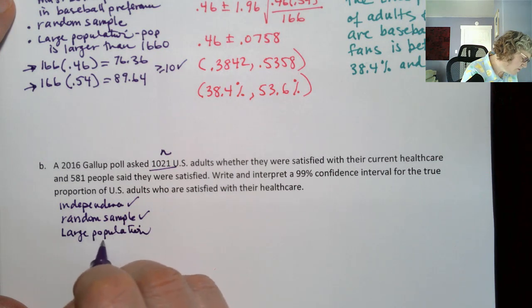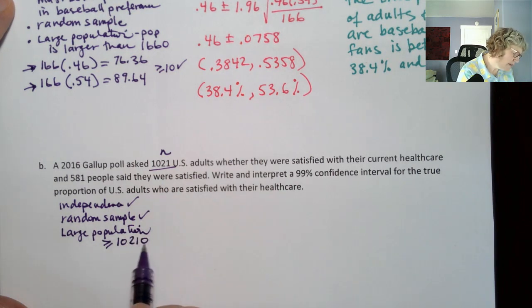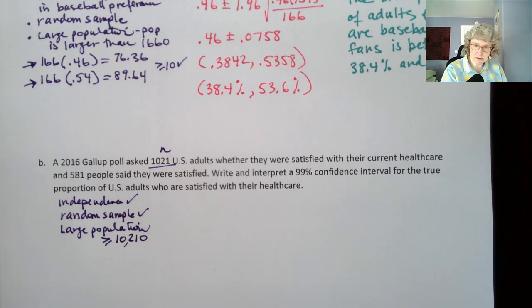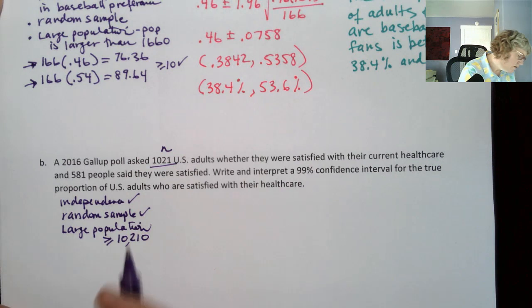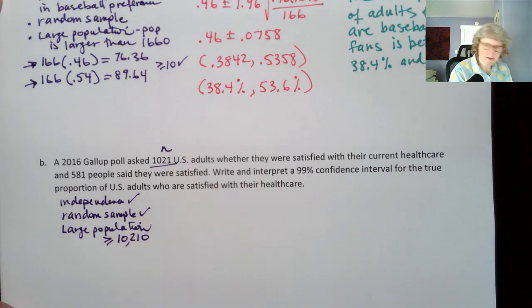I'm going to say population greater than or equal to 10 times 1,021, right? So we're adding a 0 on the end. So that would be 10,210. So U.S. adults is way larger than 10,210. No problem there. We are going to do the success failure though.